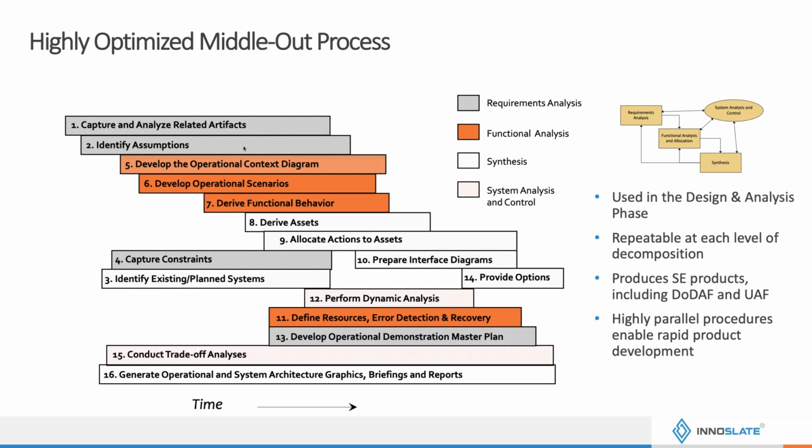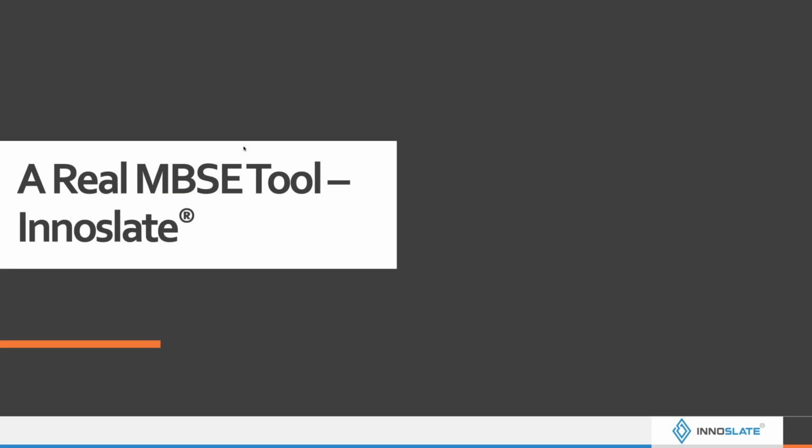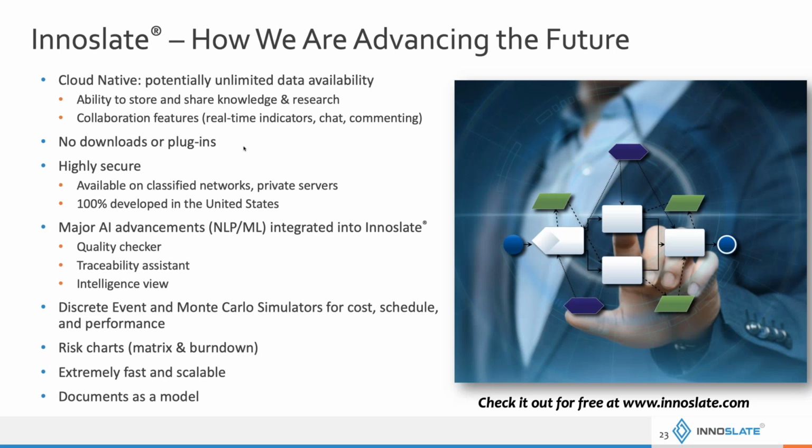The highly parallel nature of this, though, is enabled by tools. And we've used other tools to do the same process. So this is not a tool-dependent process in that sense, but the type of tool, a real model-based systems engineering tool like Innoslate, must be used to do this process well. Otherwise, it becomes a lot more sequential, and it'll take you a lot longer. So talking about the MBSE tool, Innoslate, here's how we think we're advancing the future.